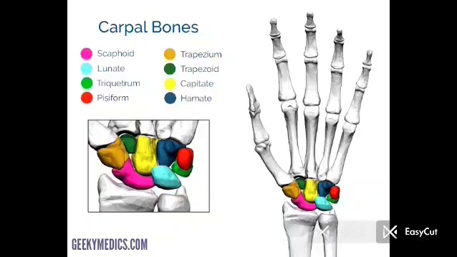The second layer, the distal layer, is formed again of 4 bones: trapezium, trapezoid, capitate and hamate. So what we have seen is that the carpals consist of 8 bones arranged in 2 rows, the proximal and the distal.